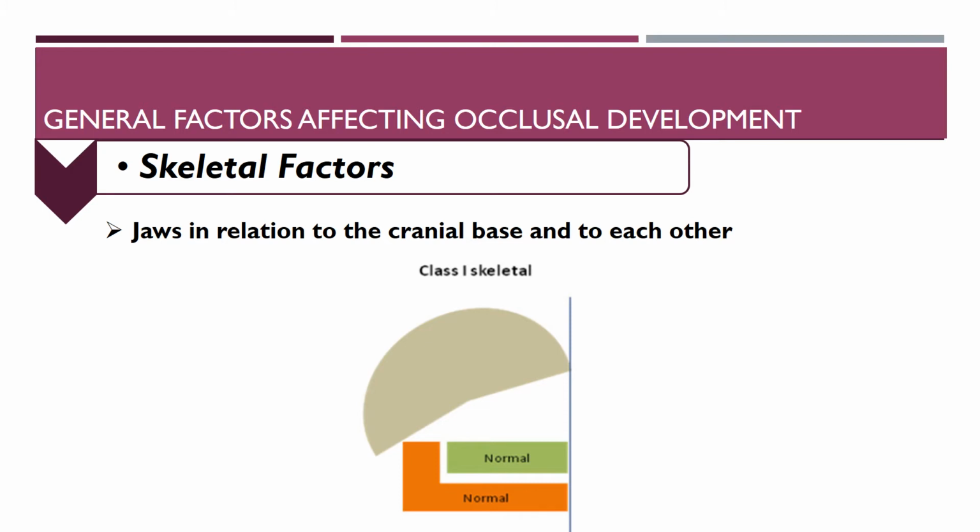As we see here, the sagittal anteroposterior relationship of the upper and lower jaws to each other is called the skeletal relationship or skeletal pattern of the patient, which can be divided into three main classifications. The first is skeletal class 1, in which the jaws are in ideal anteroposterior relationship in occlusion, in normal position in relation to each other and to the cranial base.